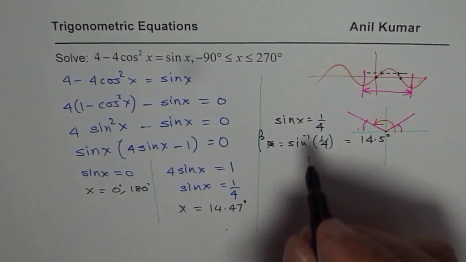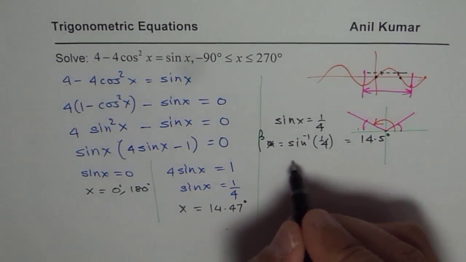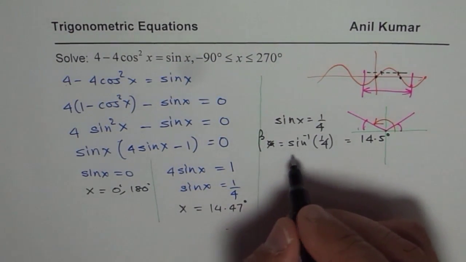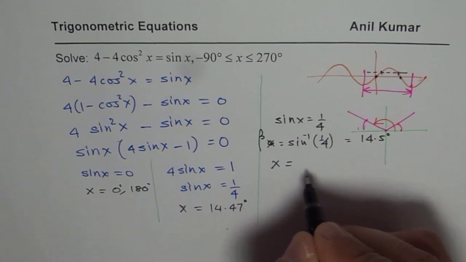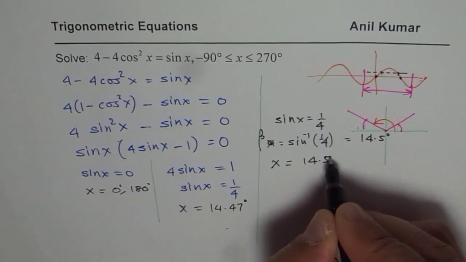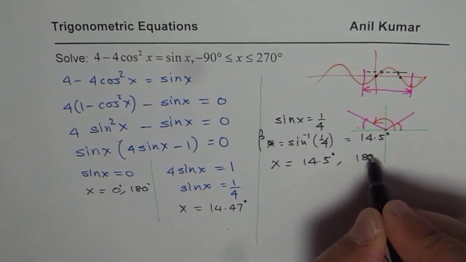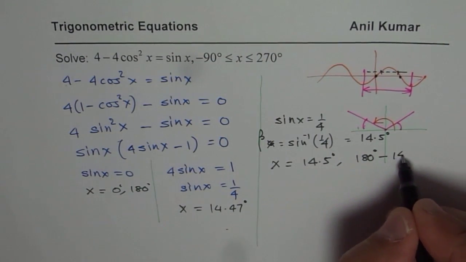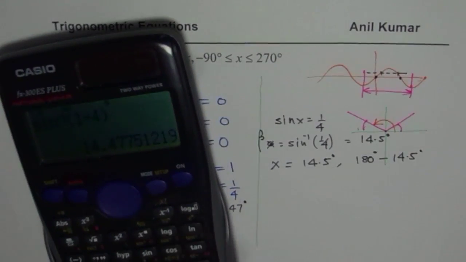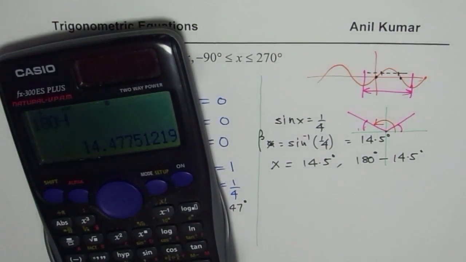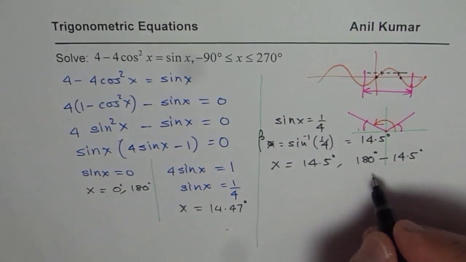So the other answer will be 180 degrees minus 14.5. So we have two possible values of x: 14.5 degrees, and the other one is 180 degrees minus 14.5 degrees. You can use the calculator: 180 minus 14.5 is 165.5 degrees.